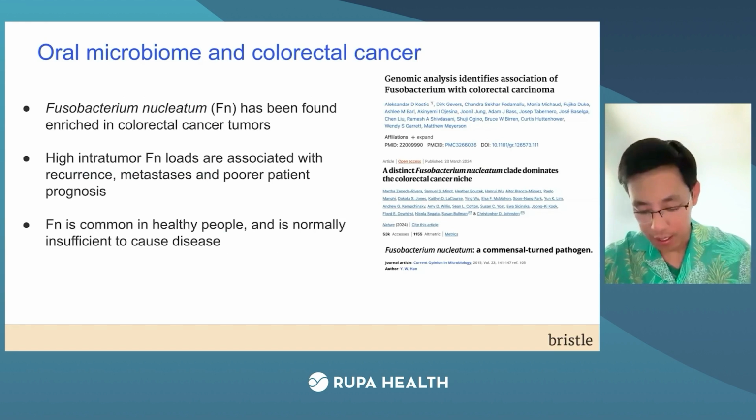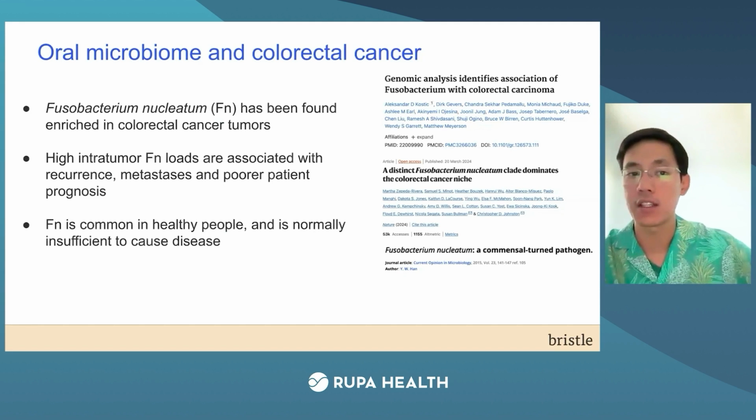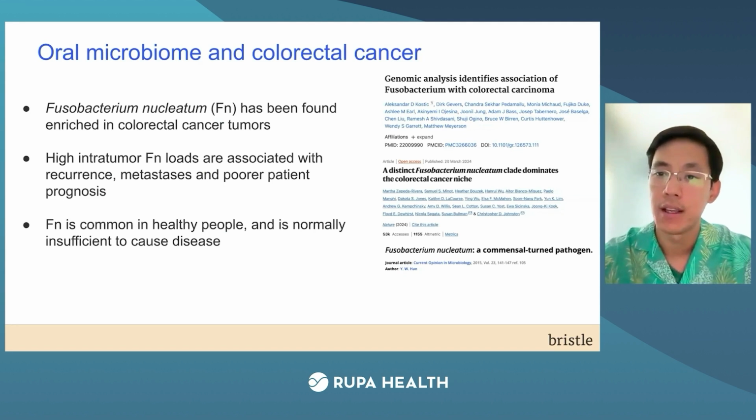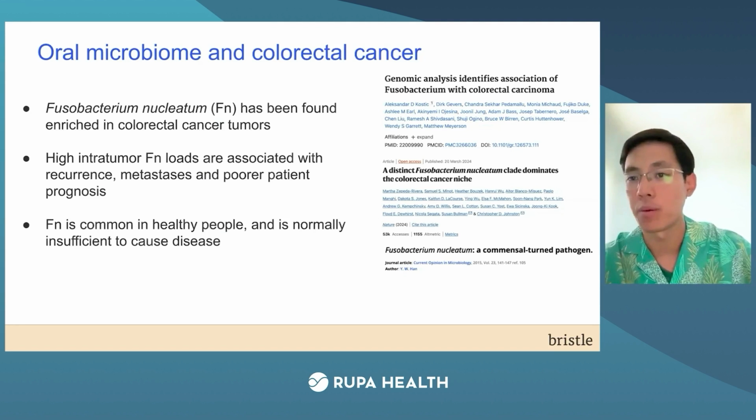People are finding now a very strong causation between this species called Fusobacterium nucleatum and progression of colorectal cancer. This species is actually found directly in the colorectal tumors. And people who have certain strains of this species have poorer prognosis.